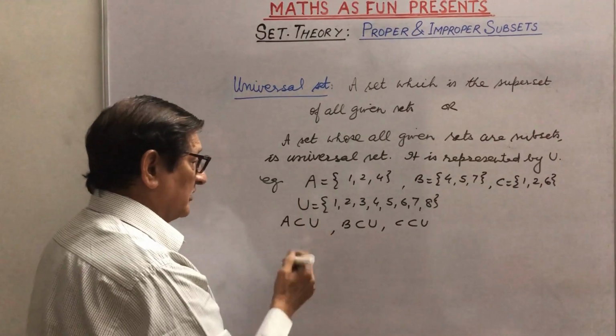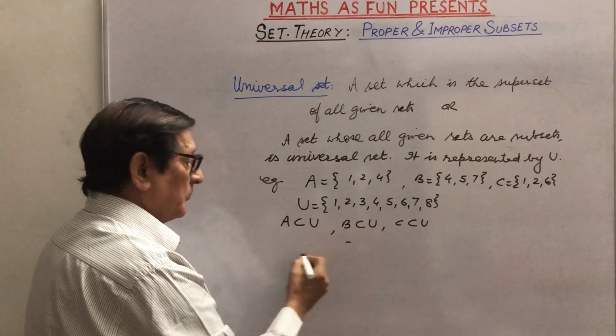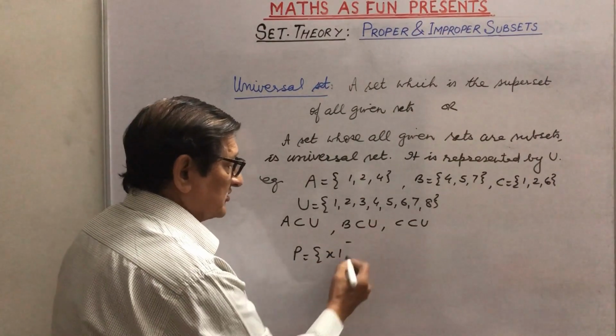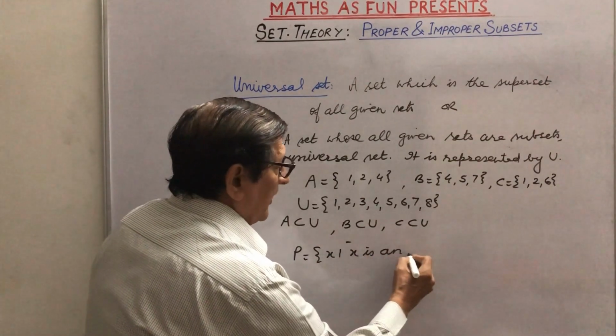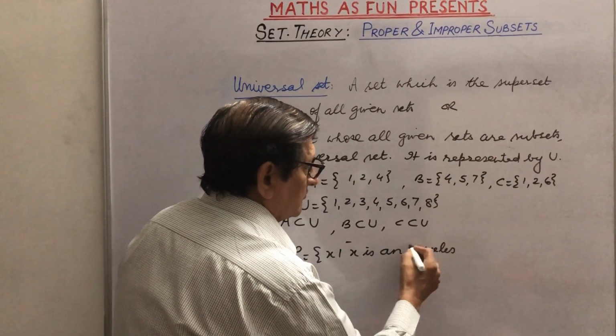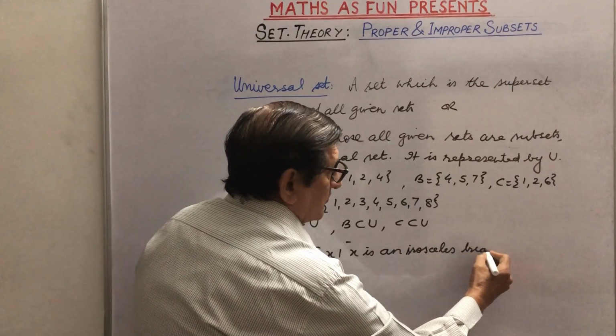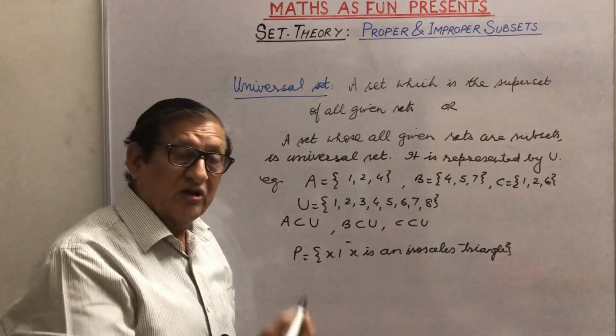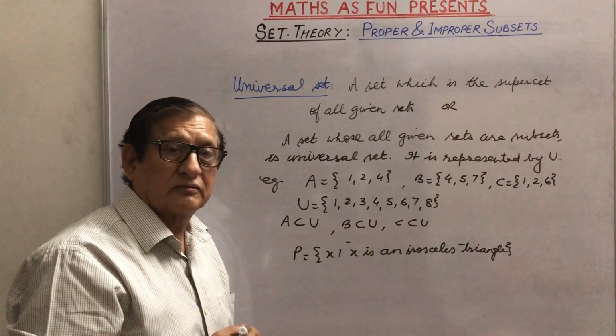We can take one more example. Suppose we have been given a set P, that is {x : x is an isosceles triangle}, and we have been asked to find its universal set.